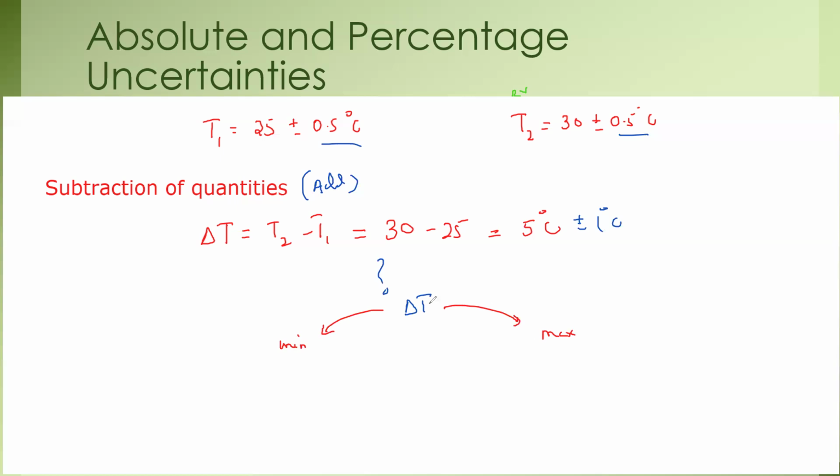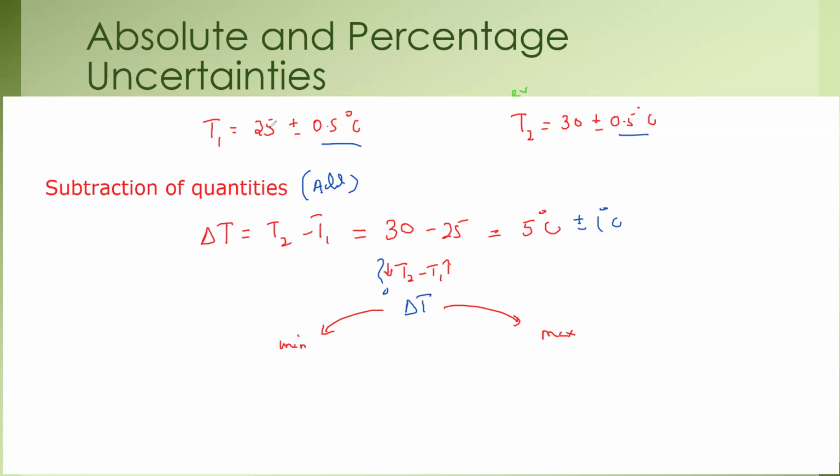So what will be the minimum temperature change? The temperature change is calculated by T2 minus T1. We'll have a minimum value for delta T when T2 has its lower limit and T1 has its higher limit. Like the value of T2 is smaller and the value of T1 is higher, the change in temperature will be smaller.